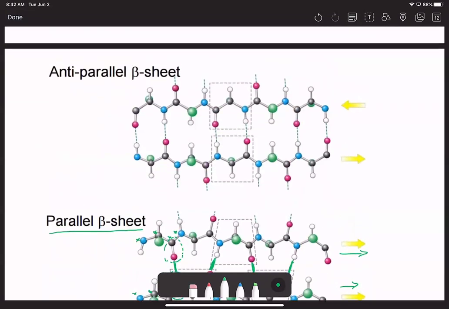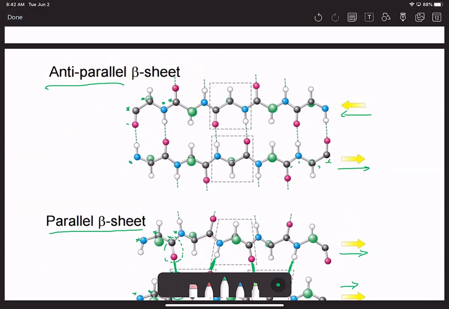Now, the anti-parallel strands run opposite. Here is carbon, carbon, nitrogen, carbon. Well, that's over here on this end, carbon, carbon, nitrogen, carbon.